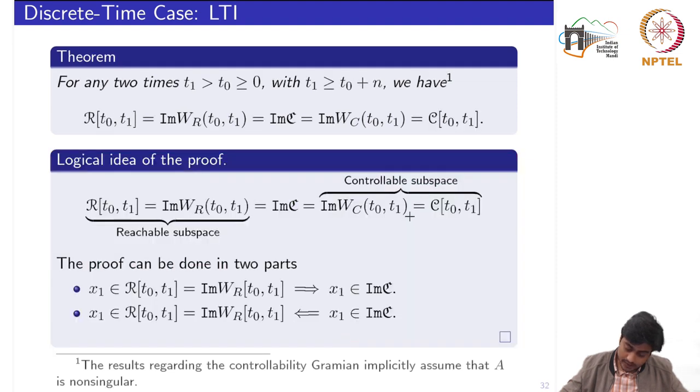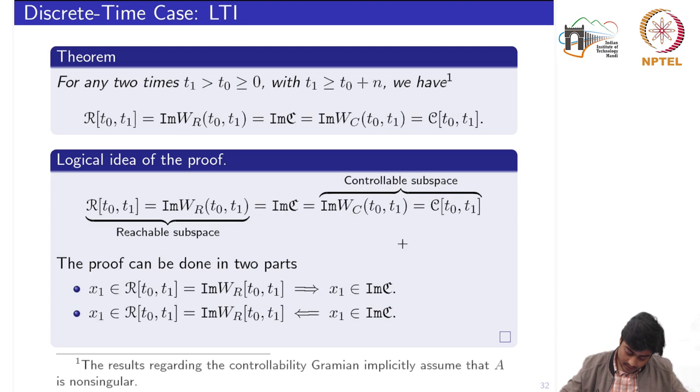Again, the proof can be done in two parts, similar to what we did previously. This equivalence comes from the controllable subspace and its characterization, and the reachable subspace; you only need to show these two equivalences both ways, starting from either the reachable subspace result or the controllable subspace result.